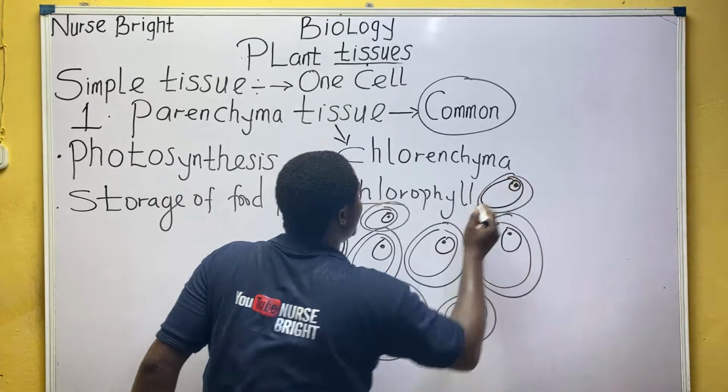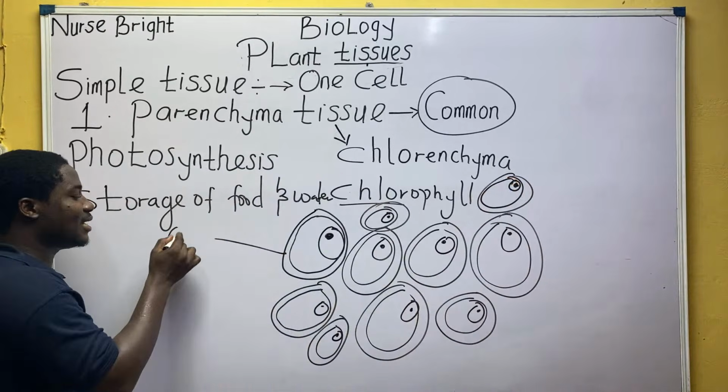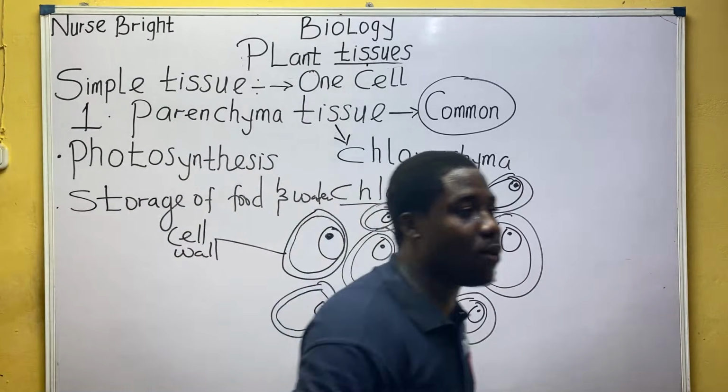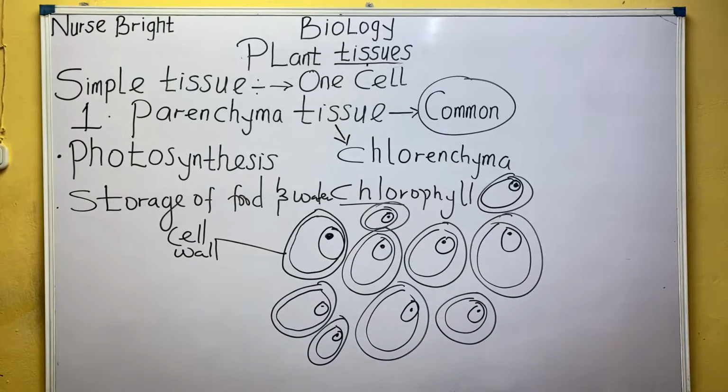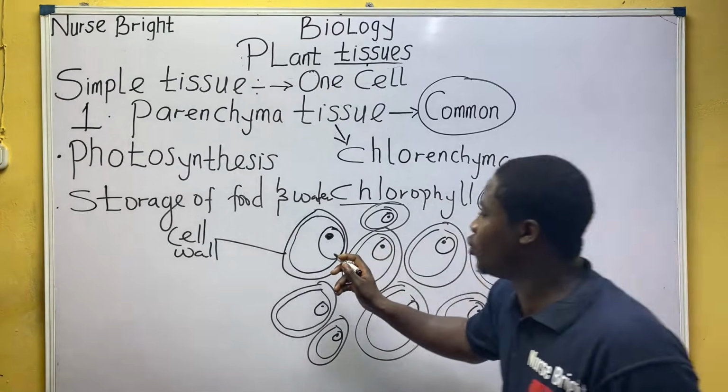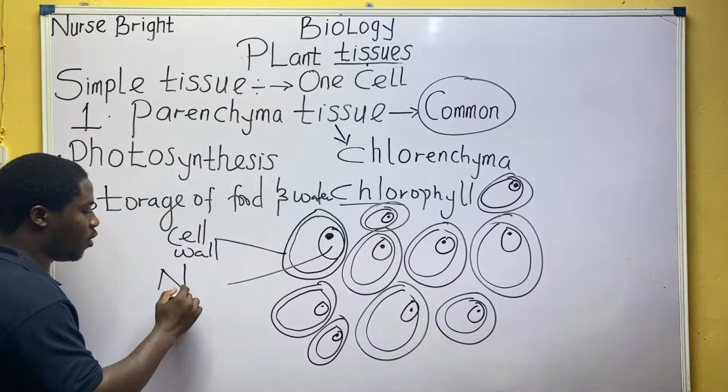I'm not done labeling. First, this is the cell wall. You are aware that the cell wall helps the plant to be rigid. So this is the parenchyma tissue. And all these small things inside are the nucleus of the cell.